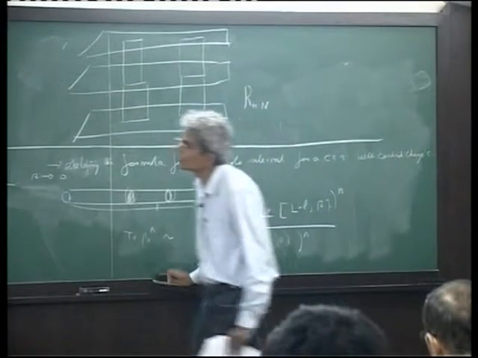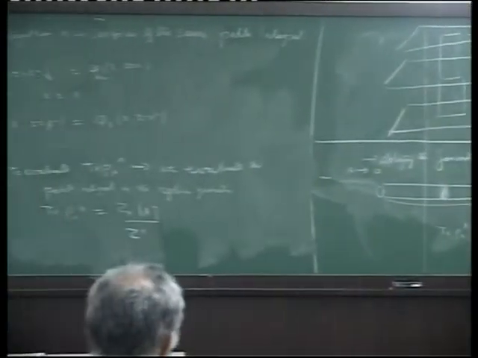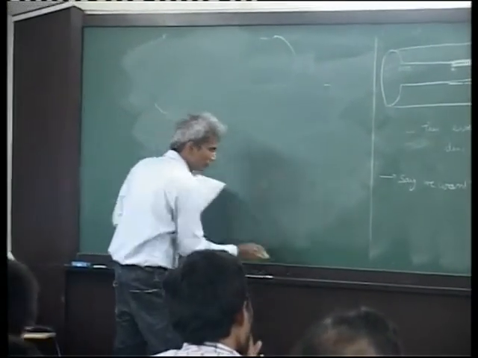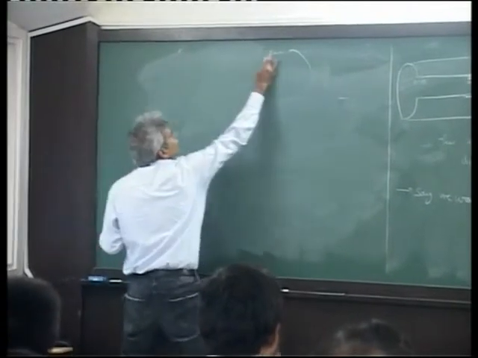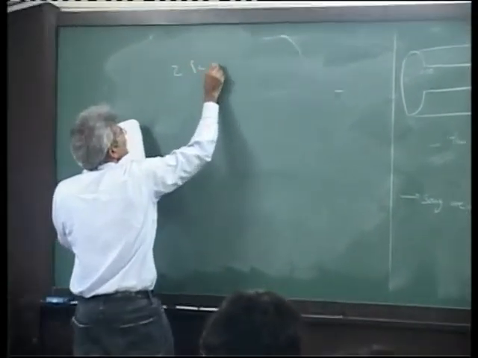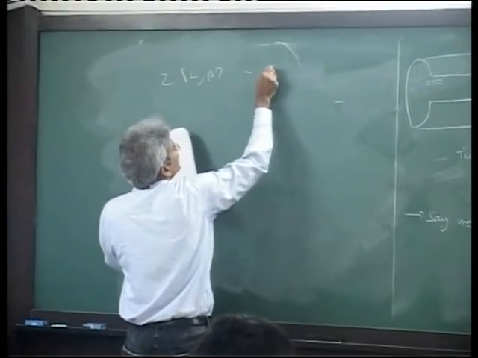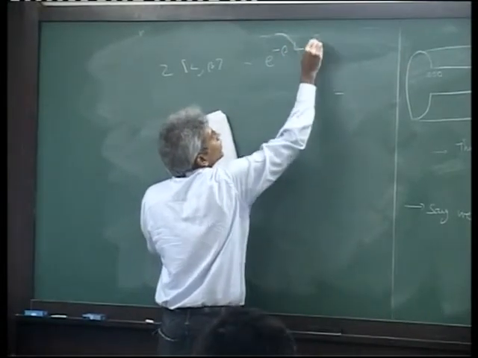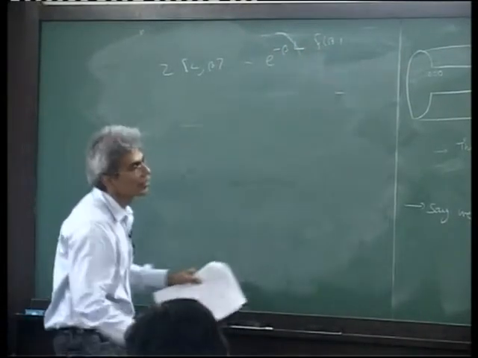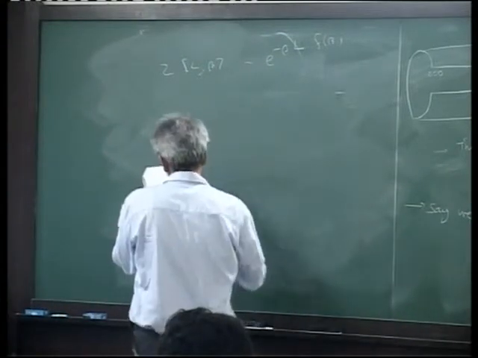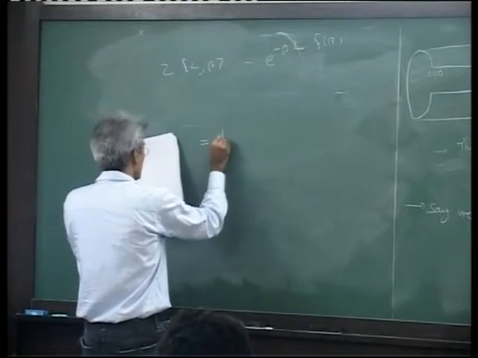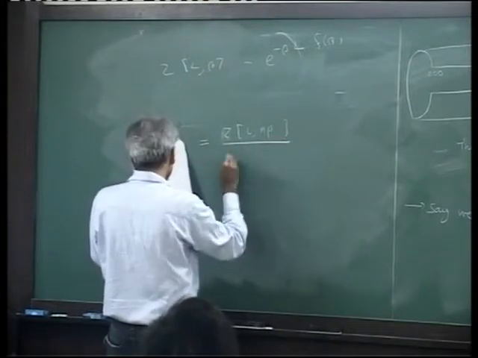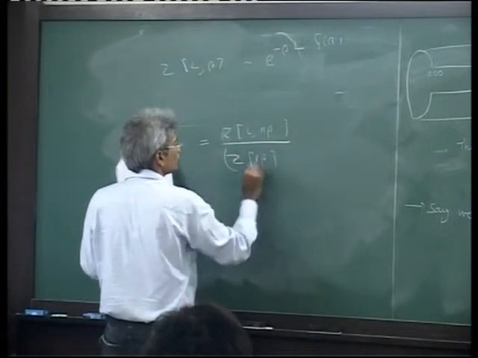Then we can use extensivity of the free energy, because we are at high temperatures. Z of L beta in the CFT is extensive: e to the power of minus beta times the free energy f of beta. If you plug that in, you get Z of L, n beta divided by Z of L beta to the power n.